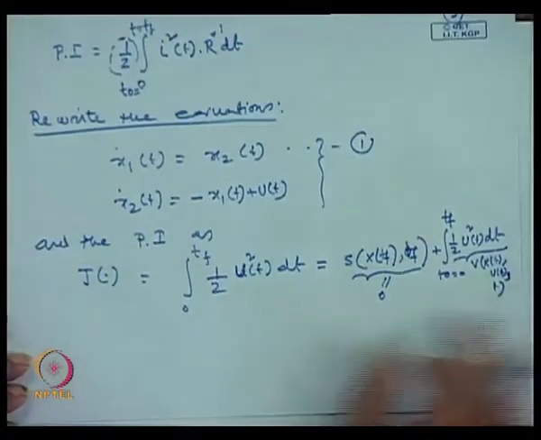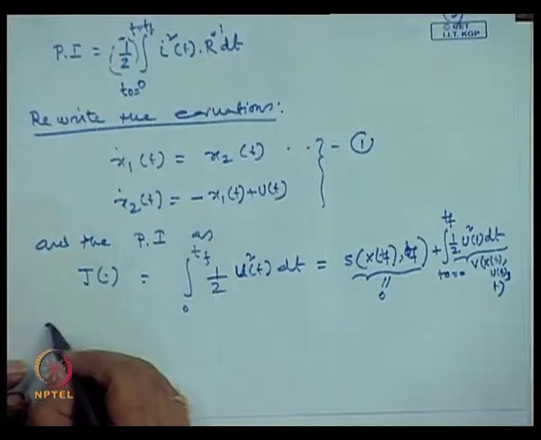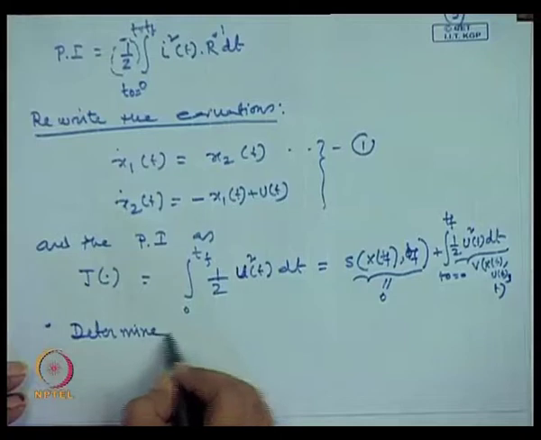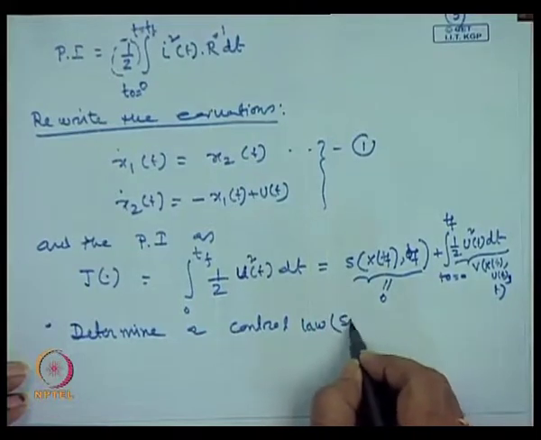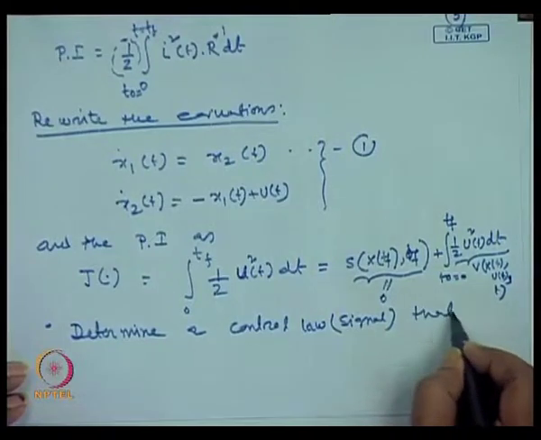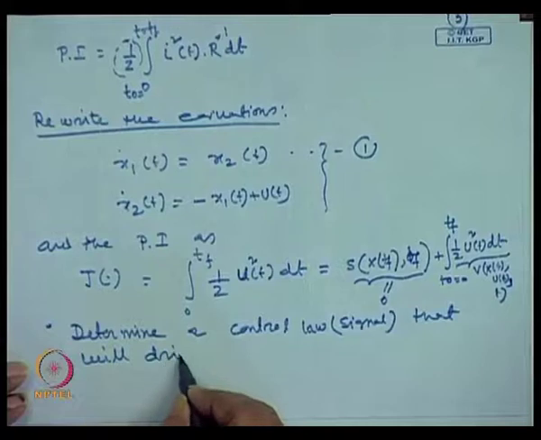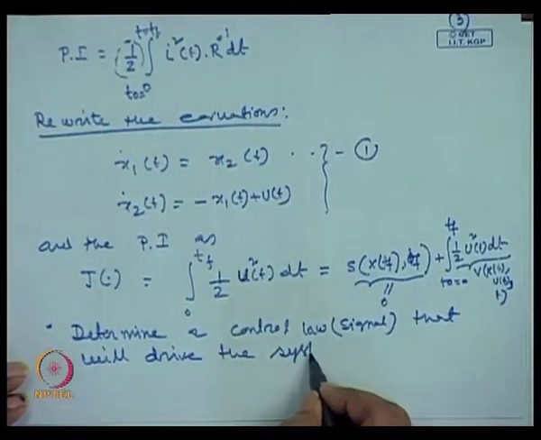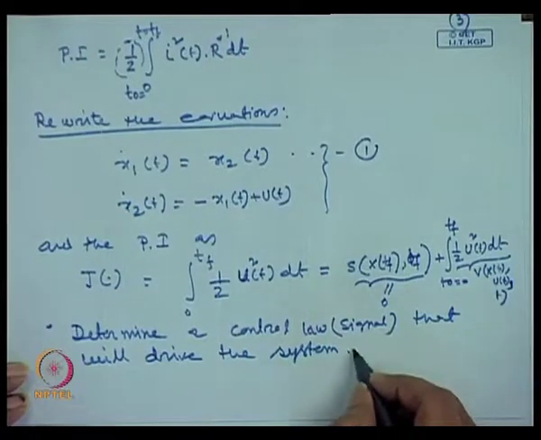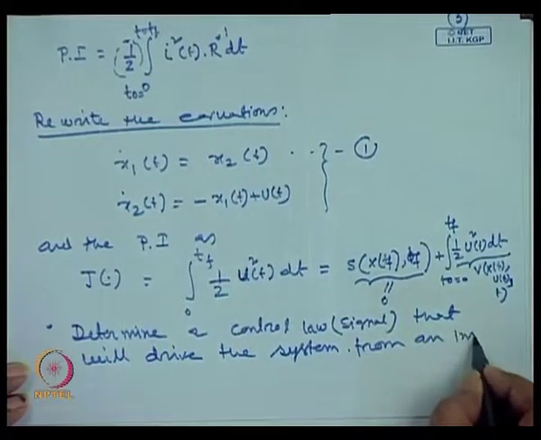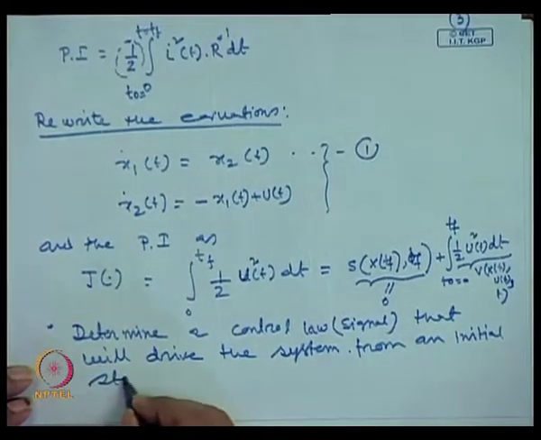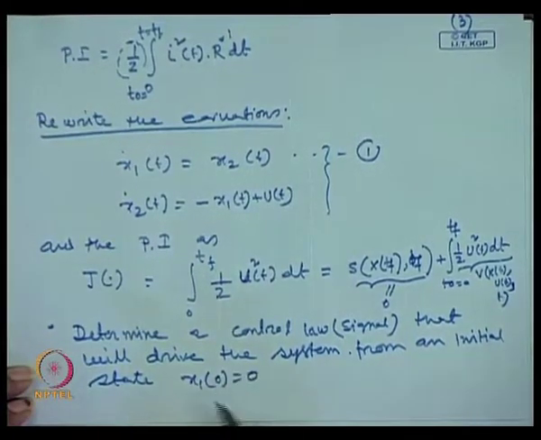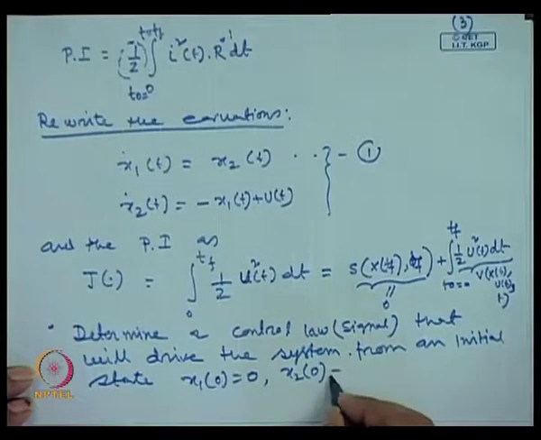So our problem is to determine a control law or signal that will drive the system from an initial state, x1 of 0 is equal to 0, meaning the current flowing through the inductor is 0, and the voltage across the capacitor is 2 volts.